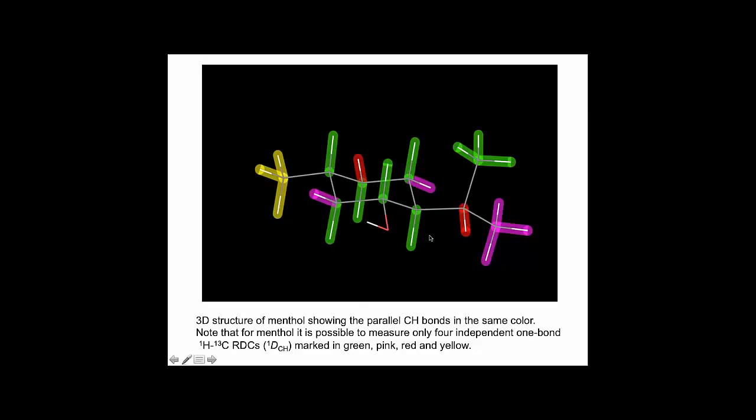All the green ones are parallel, all the red ones are parallel, and the pink ones, and the yellow ones. So in fact, you cannot use all of these because they are dependent. For menthol, you have only 4 independent values. So you cannot solve the structure of menthol because you need other RDCs, let's say proton-proton or proton-carbon, if you want to solve this structure.